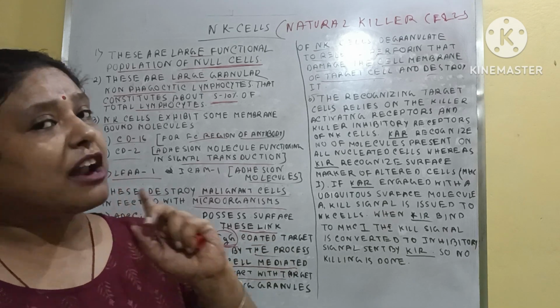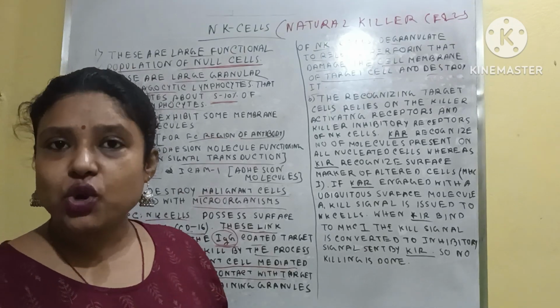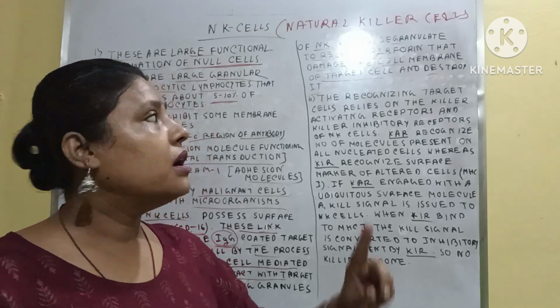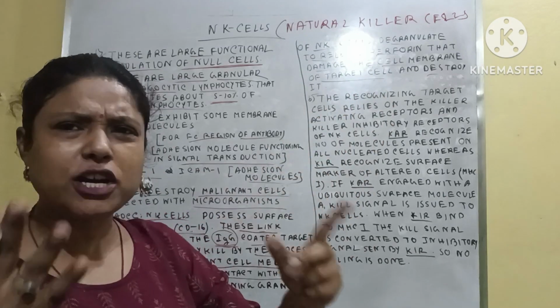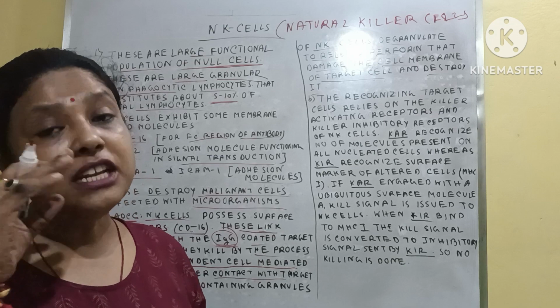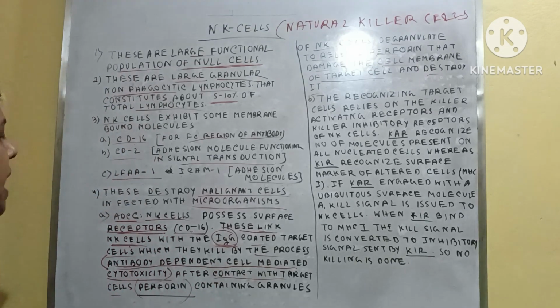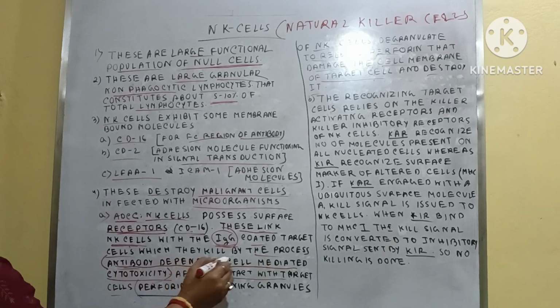And then the perforin is released from the NK cells and destroys the membrane of the foreign body, or the foreign cell, you can say. So they enter within the cell and kill them. Clear? This is the role of NK cells. And this process is called antibody dependent cell mediated cytotoxicity.